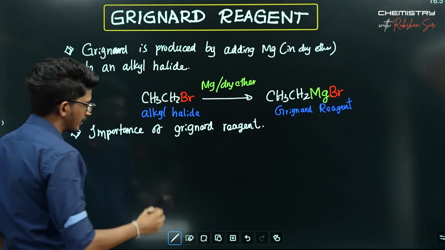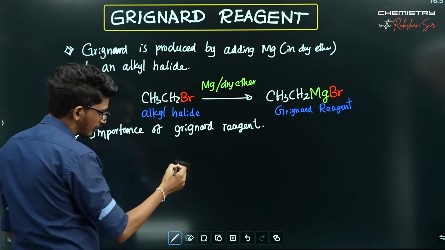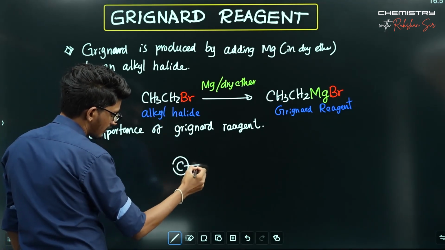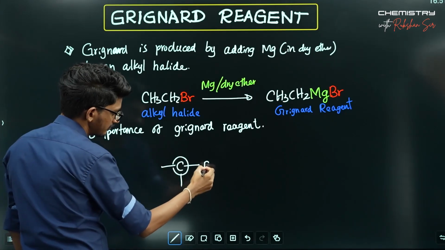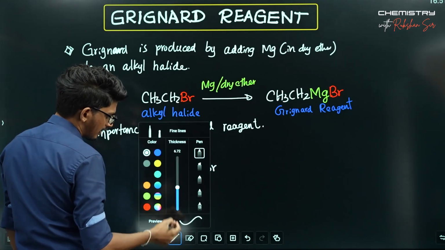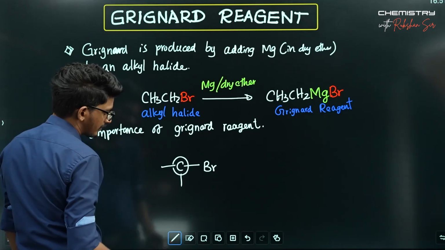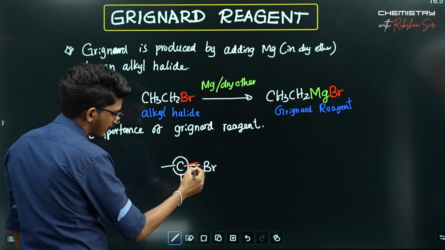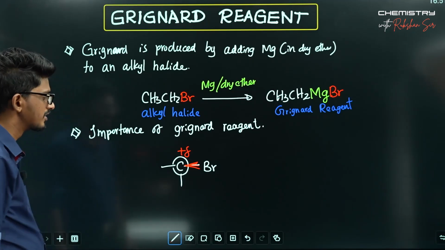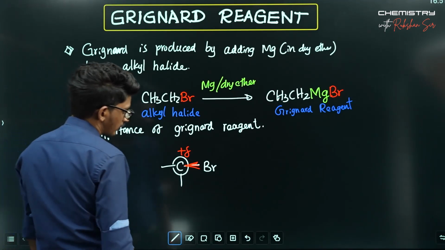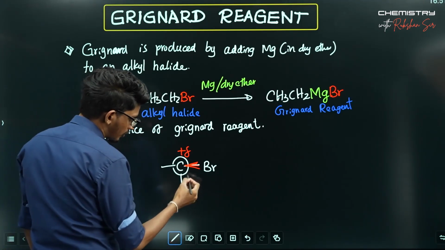The importance is this: if you take this alkyl halide, the carbon attached to the halogen in the alkyl halide is actually electron deficient. So you are dealing with an electron deficient carbon.